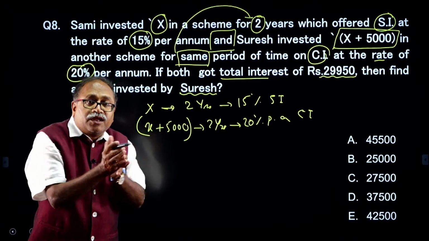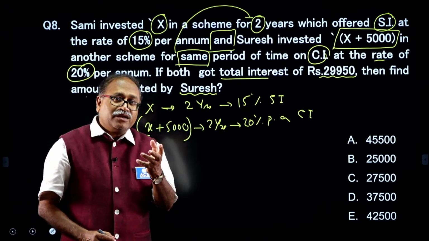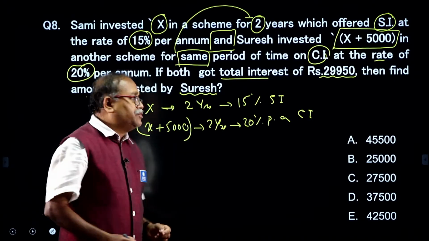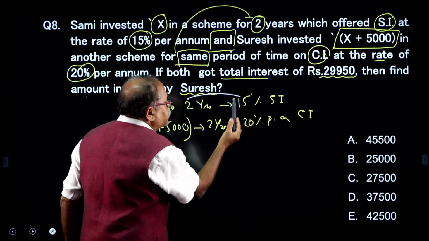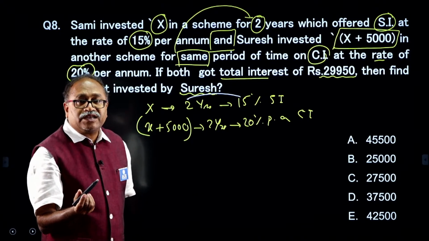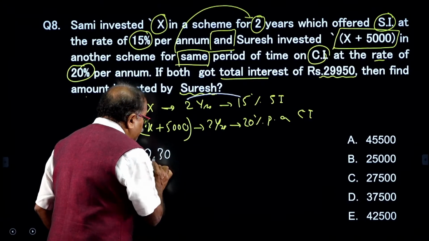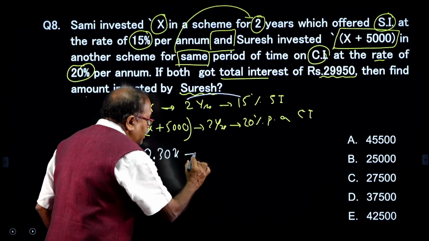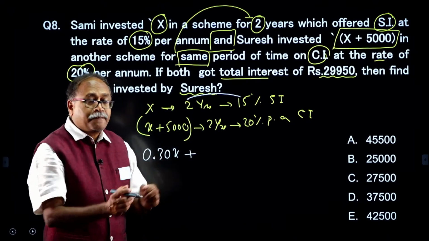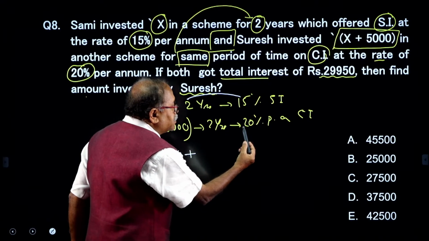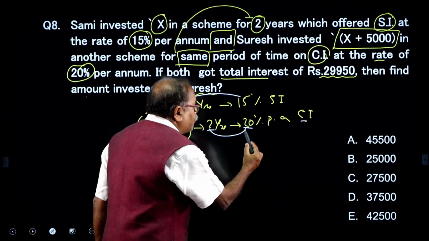And the total interest given to us is this. How to write it? I will give the start to you: 15 into 2 is 30, 30% of X, that means 0.30X plus, because it is the total interest, 20% per annum compound interest for 2 years will be 44%.